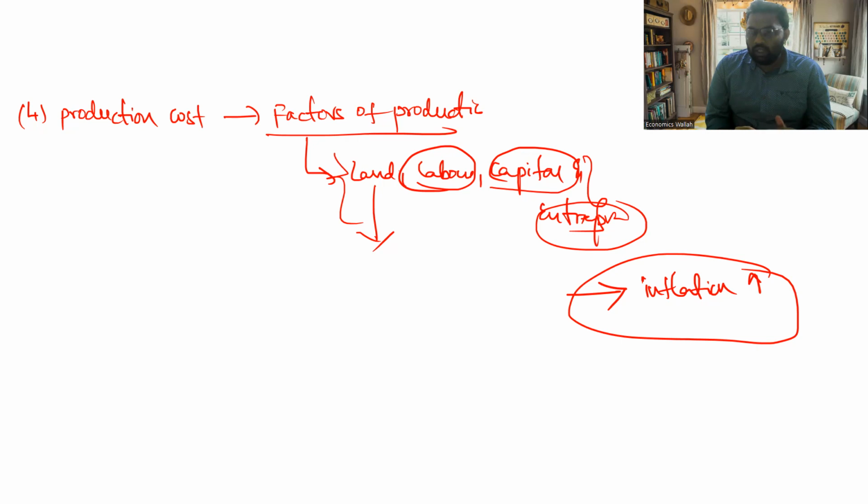Based on that we will categorize 5 to 8 types: creeping or walking or trotting, galloping, and also deflation and disinflation. We will also look at whether it is good or bad for the economy, and the different curves associated with inflation and unemployment, and inflation and inequalities. All of this we will understand in the next class.